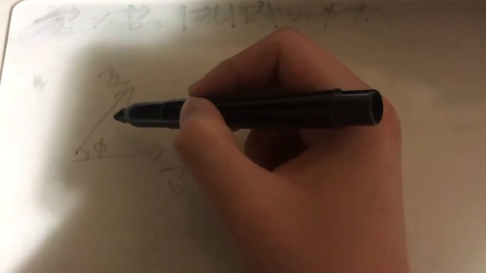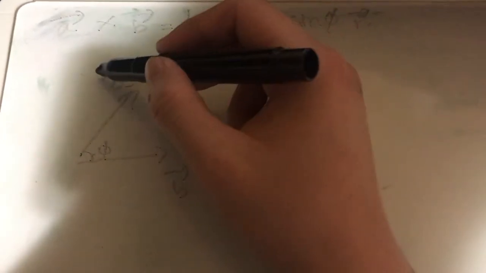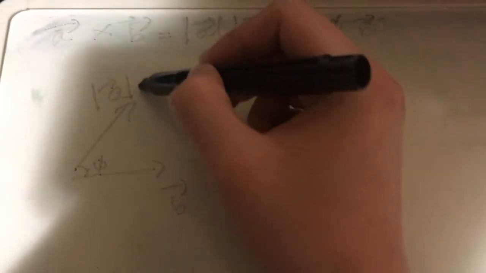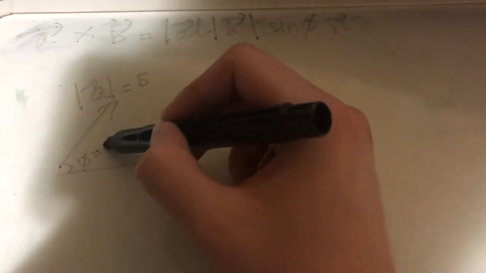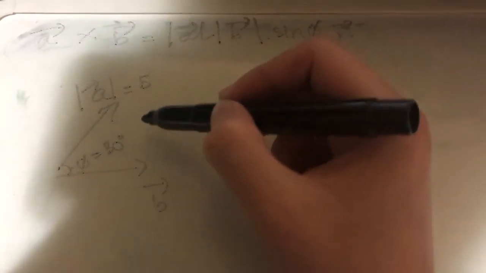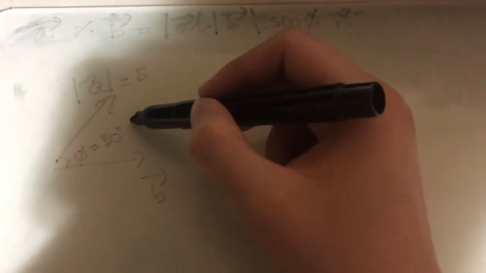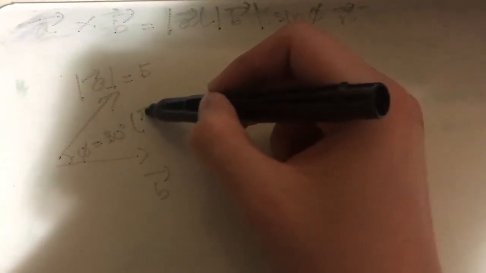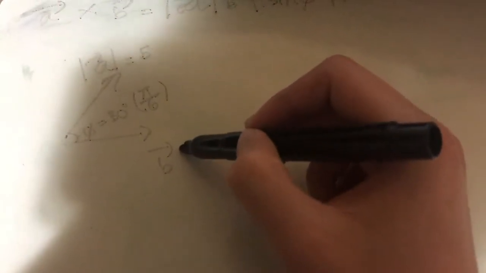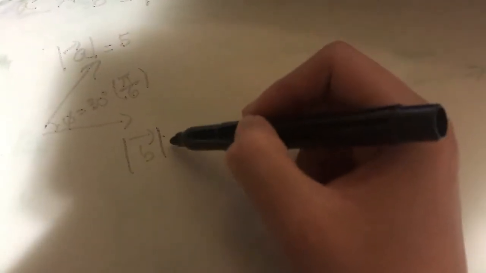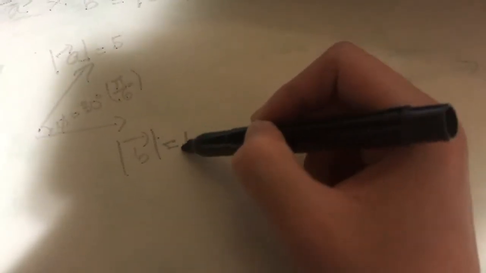Okay, let's assume that vector A equals 5, the angle equals 30 degrees, or you can say pi over 6, and the vector B is 10.